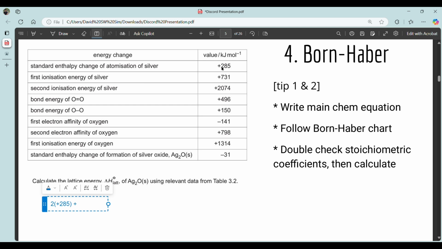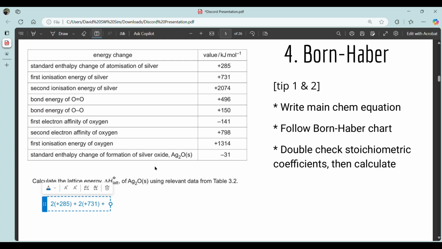Okay, so next we have to go on to the ionization energy of the metal. Ag in this case is only oxidized to Ag+, so we only need the first ionization energy. So we just use 731. We also need to multiply it by 2 because of the stoichiometry, because we have 2 silver atoms.